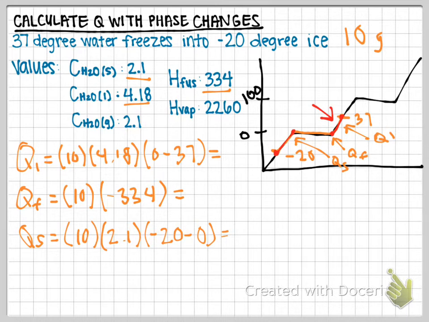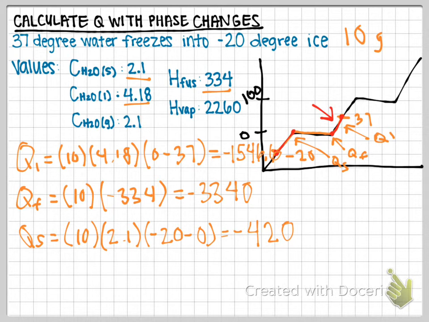First one I got negative 1546.6. Second one, negative 3340. Third one, negative 420. So those are your Q's for each of the changes.